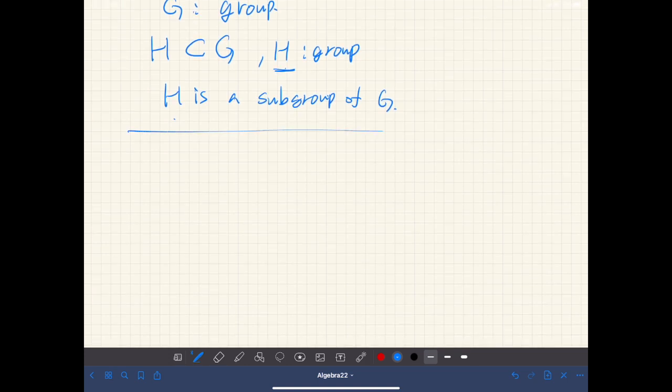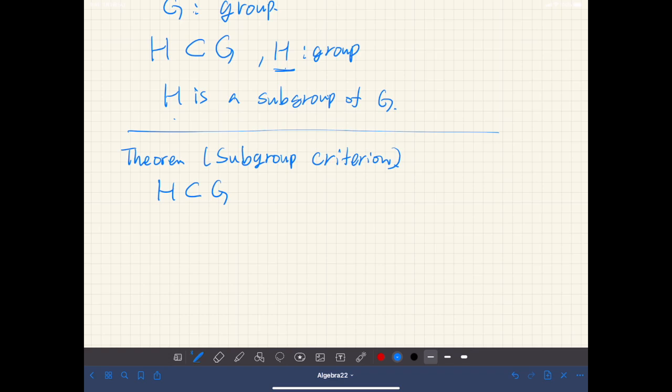But here's a nice theorem called the Subgroup Criterion, just like we had a subring criterion for rings. So here's the theorem, and let H be a non-empty subset of group G.